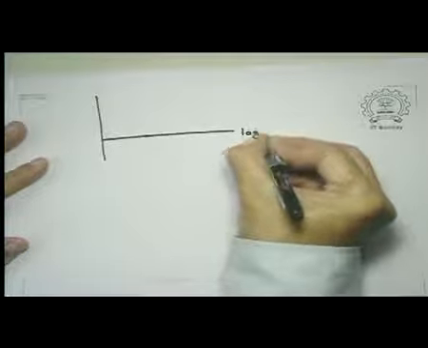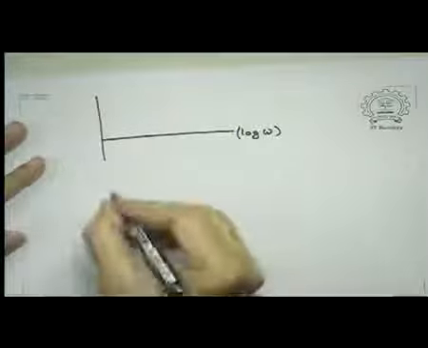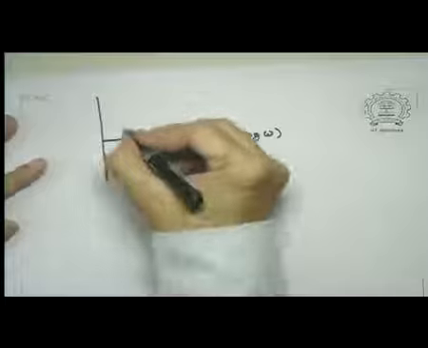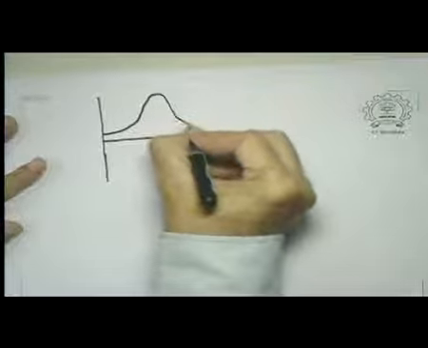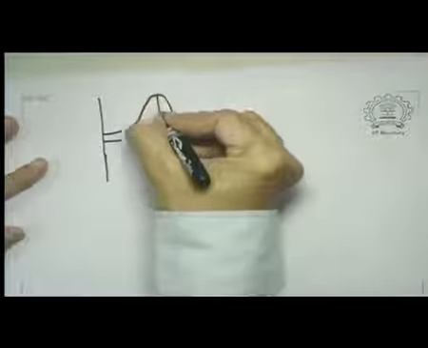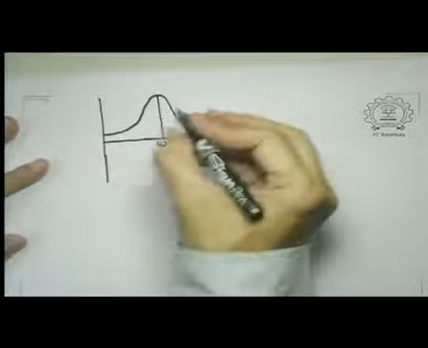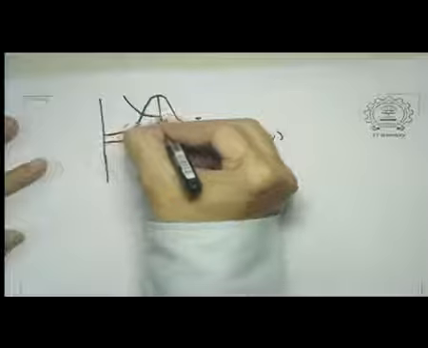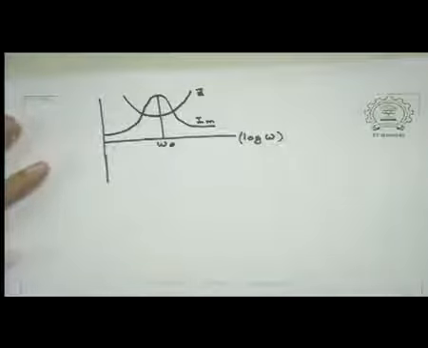It's a log scale, and in that you find that corresponding to omega equal to omega 0, there is a peak in the current, so that the current would become like this, and this is omega 0, and this is current, or current amplitude actually, and this is the variation of Z, the impedance. It has a minimum at the same place where the current has a maximum.